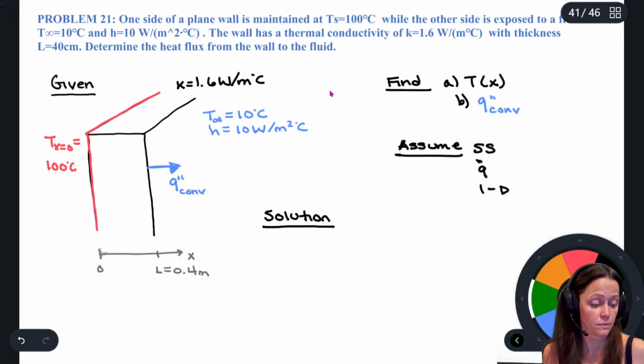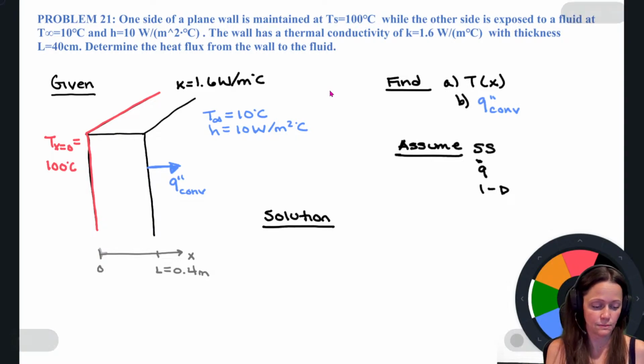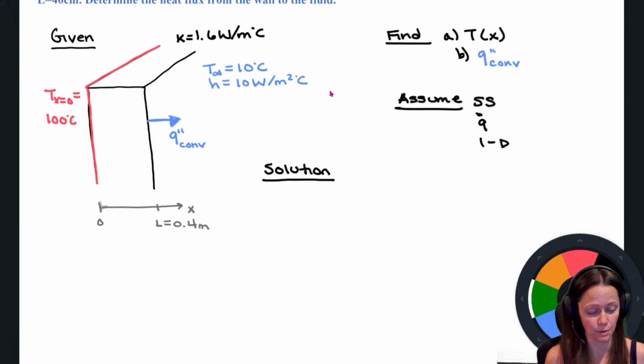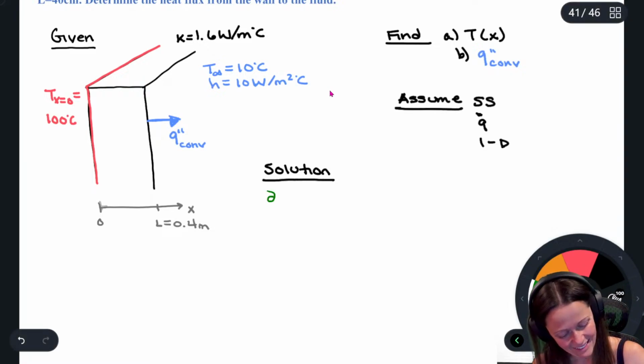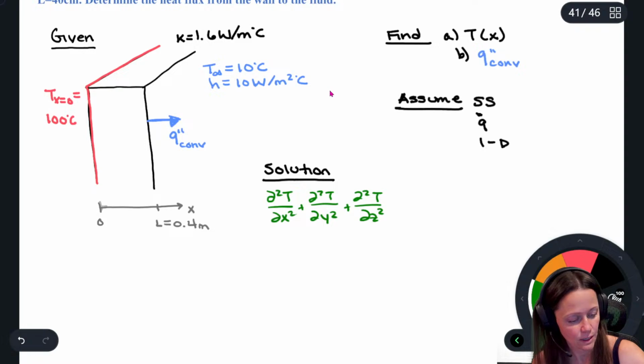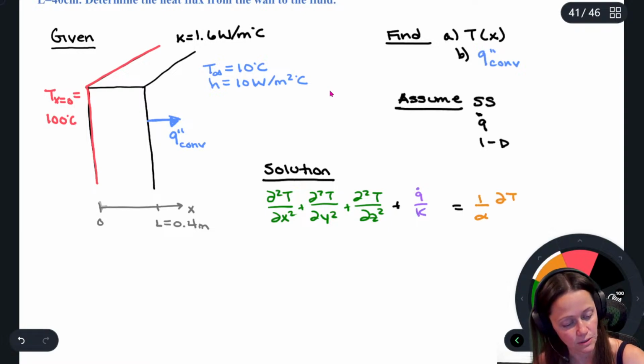All right, so heat diffusion equation. You'll see that it's going to simplify pretty much like the previous problem did, but I'm going to write it down anyway because I like to write everything down. So here we go: partial with respect to x, partial with respect to y, partial with respect to z, plus, if we had any heat generation, we'd put that one there, and then the transient effects are going to be on the other side of that equal sign.